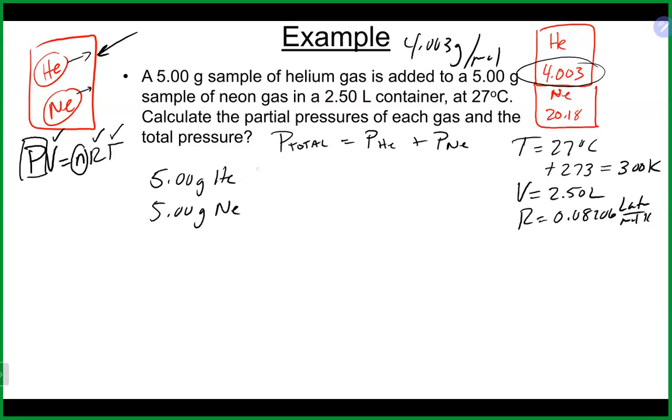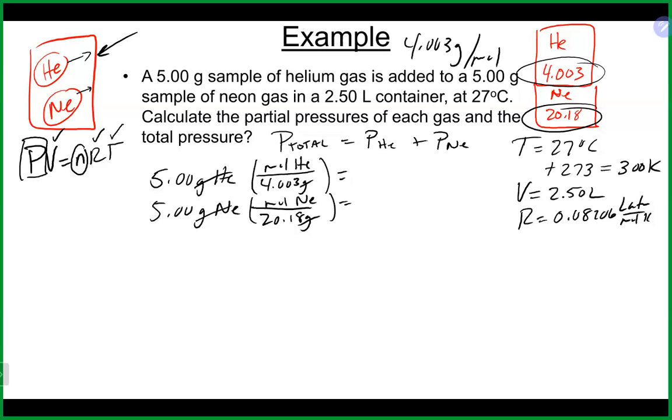So we'll go opposites here. We got grams on top. We'll go with the 4.003 grams per mole for helium. We'll do a similar calculation here for neon, which we could grab off the periodic table as well. And that would be 20.18 grams per mole of neon. The grams are going to cancel for both of these. And that will give us our moles, which are here.